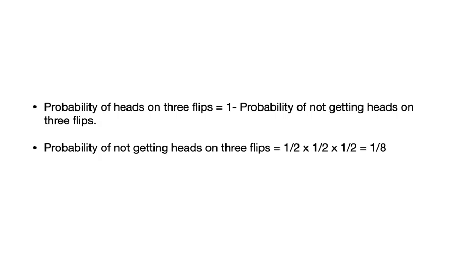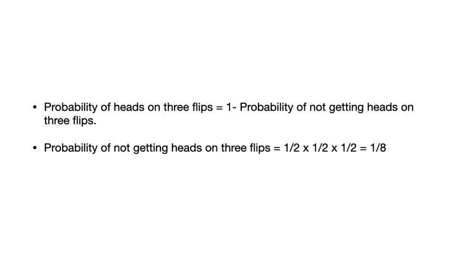The odds of getting tails on a fair coin flip, 1/2, 1/2, 1/2. Remember, these are independent. Don't commit the gambler's fallacy. So what are the odds of getting 3 straight tails, which is the same thing as saying not heads 3 times in a row? 1/8.